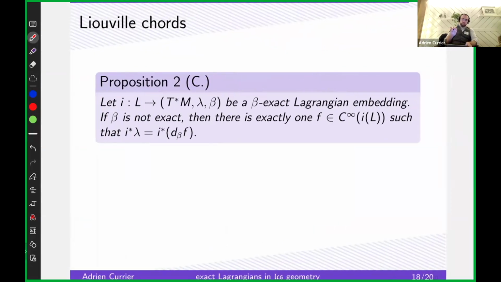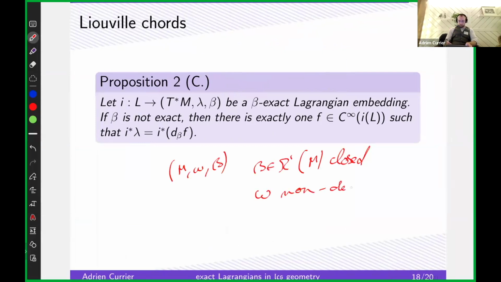The thing that I omitted to mention is that in the alternative definition, you have the triple (M, omega, beta), with beta in Omega 1 of M closed, and omega a non-degenerate two form.